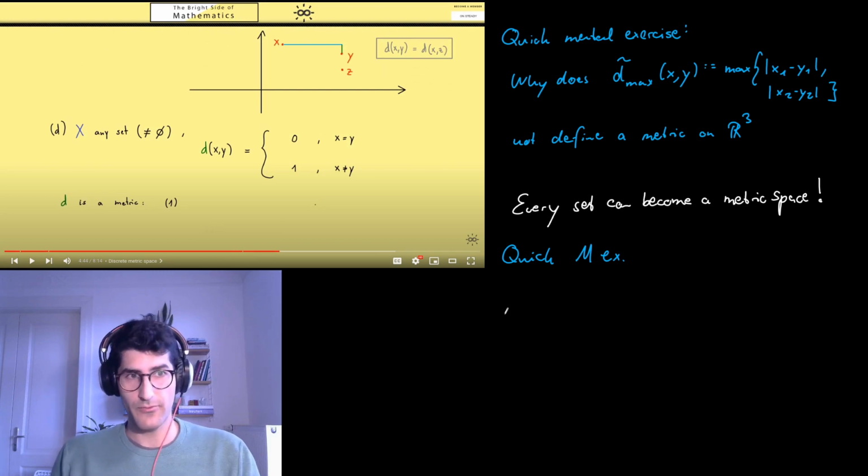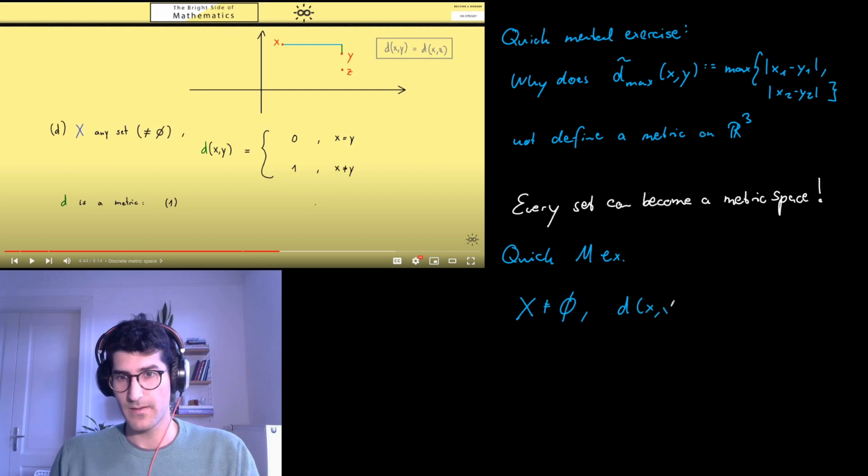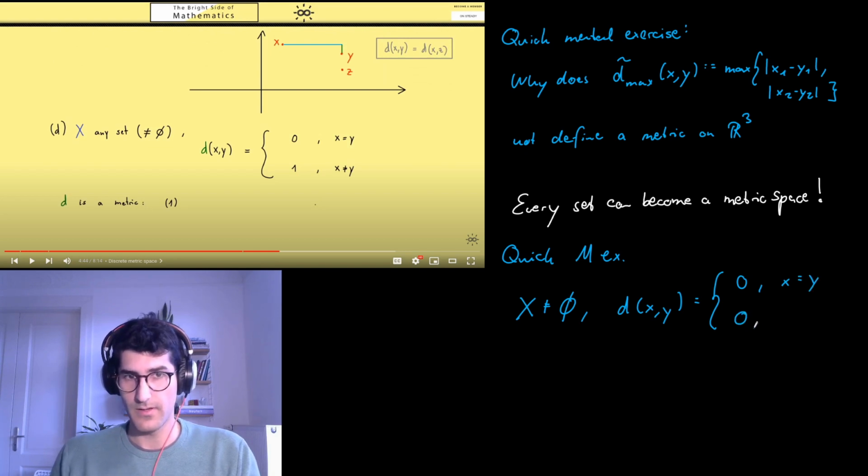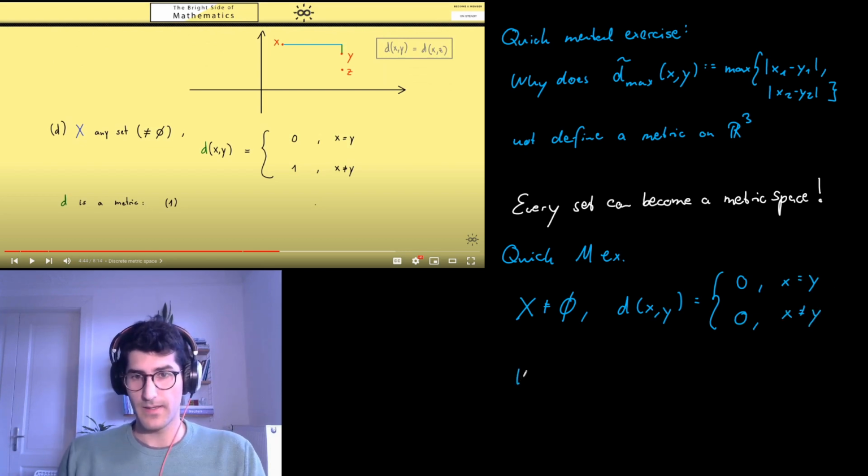What would happen if we say x is not the empty set, and we define d of x,y to be 0 if x equals y, and also 0 if x is not equal to y. So is, let's call it d tilde for discrete tilde, still a metric?